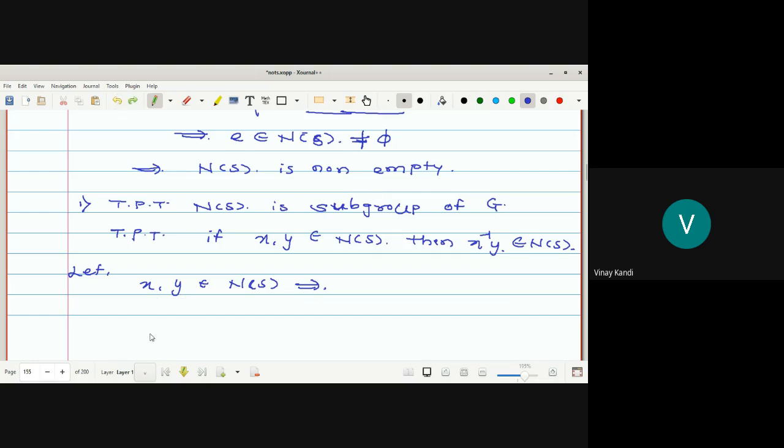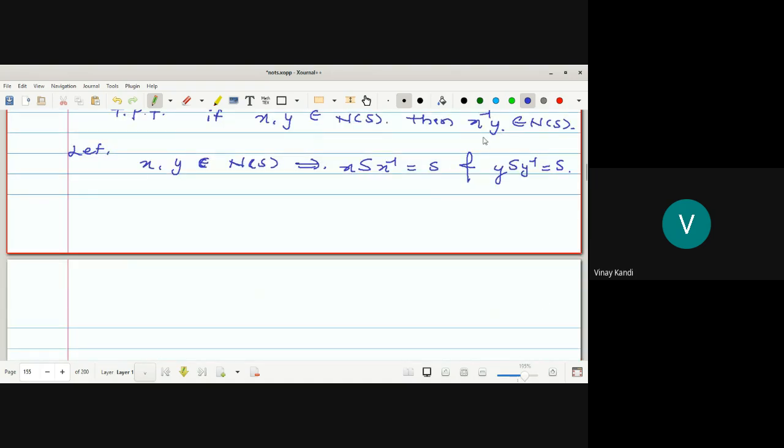So we can take x and y belonging to the normalizer of S. If x and y belong to the normalizer of S, they satisfy this condition: x S x inverse is equal to S, and y S y inverse is equal to S. Now we have to show that x inverse y belongs to the normalizer of S.